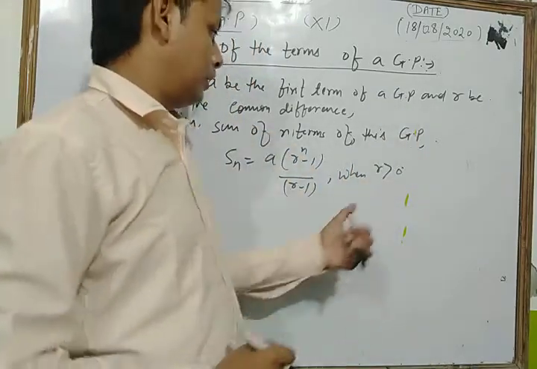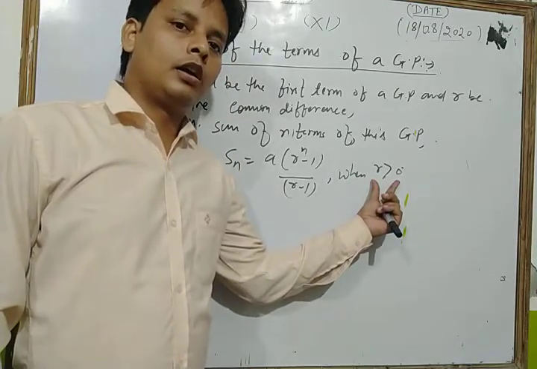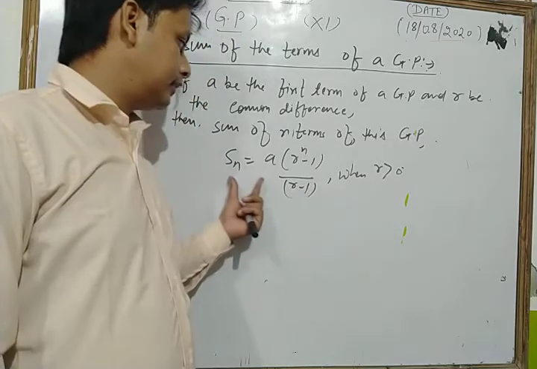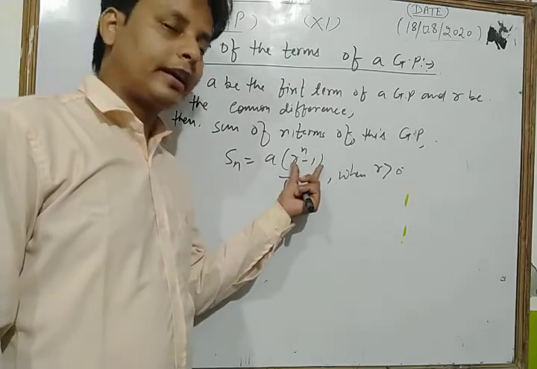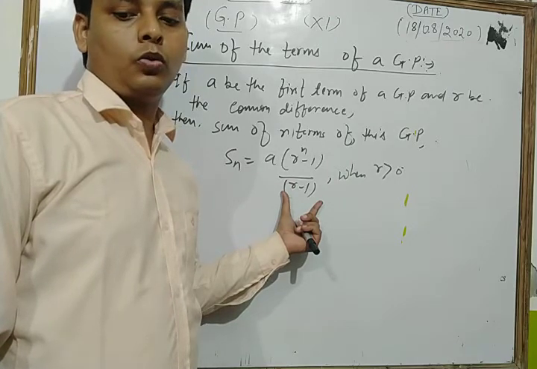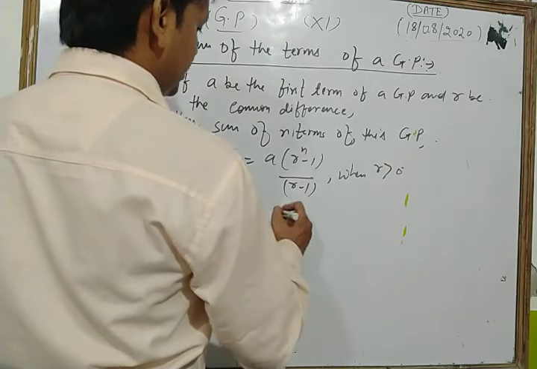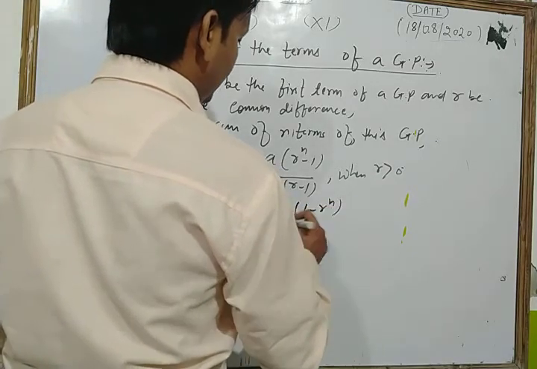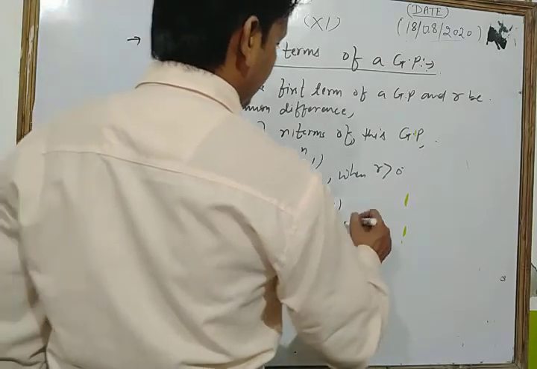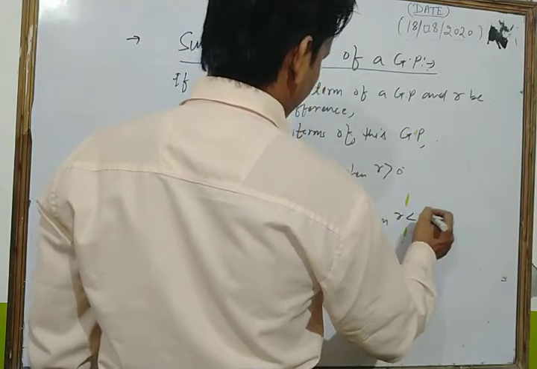If r is greater than 1, then we have the formula a times r to the power n minus 1 upon r minus 1. And another formula is Sn is equal to a times 1 minus r to the power n upon 1 minus r, when r is less than 1.